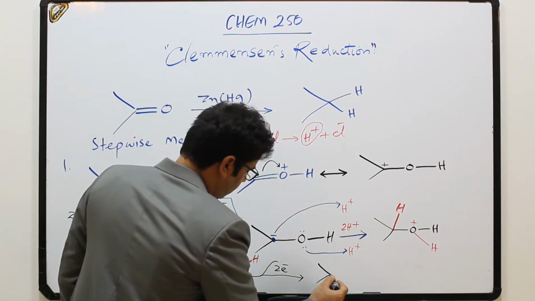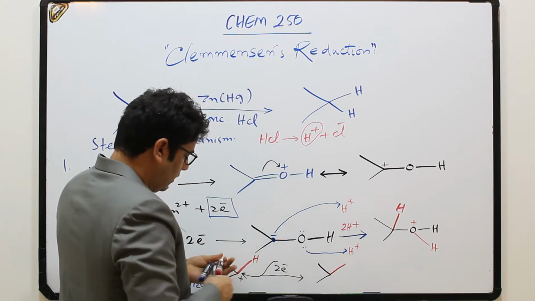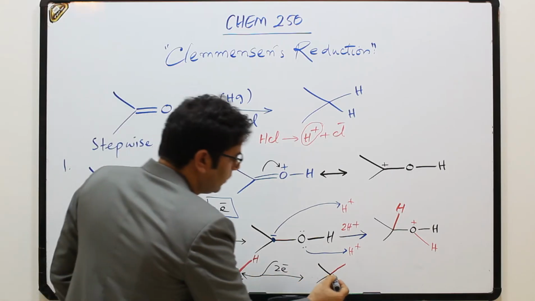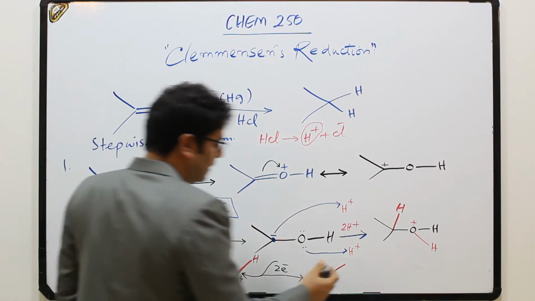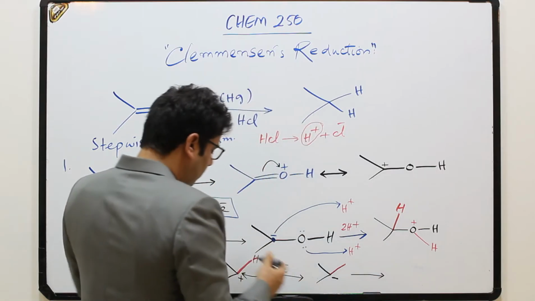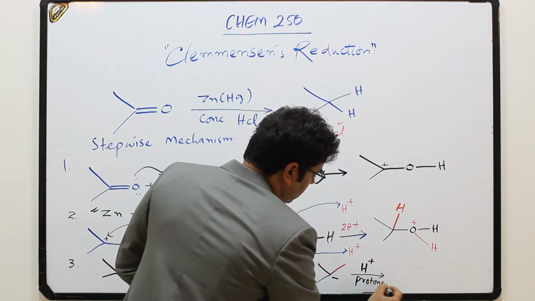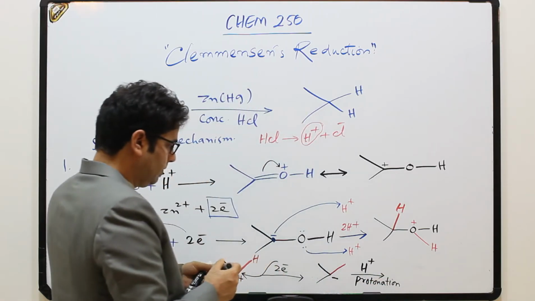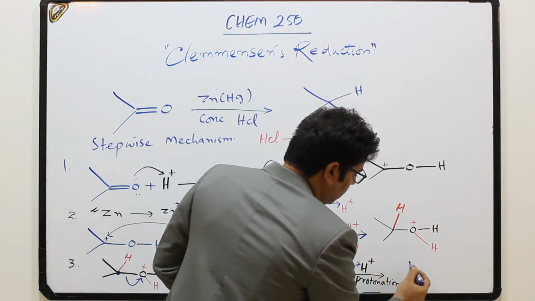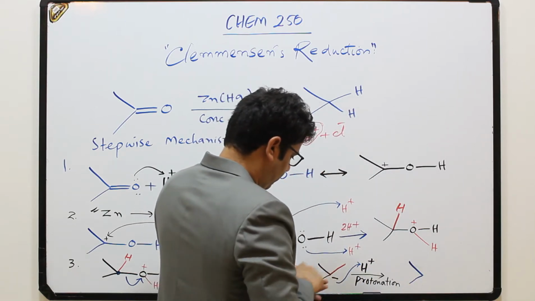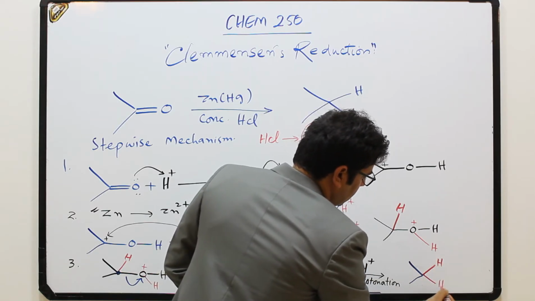There is formation of this molecule. So out of 2 electrons, 1 will satisfy the valency, and 1 will be extra. Now here again there will be protonation, which means addition of hydrogen. This carbon will attack this hydrogen, and there is formation of another hydrogen.